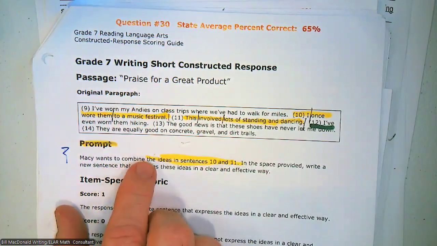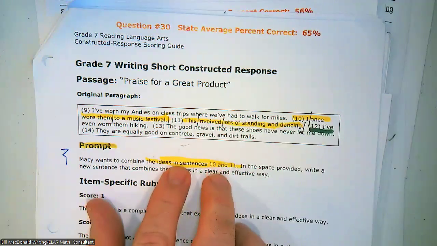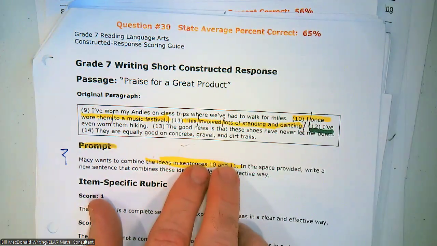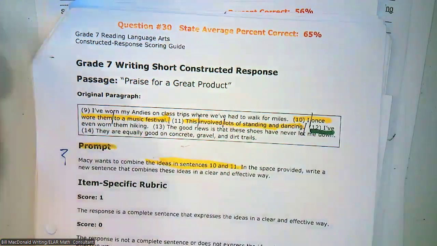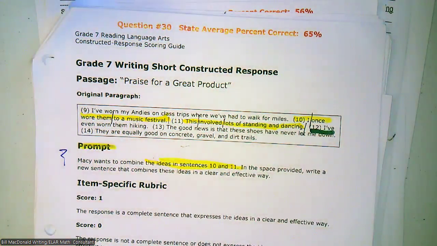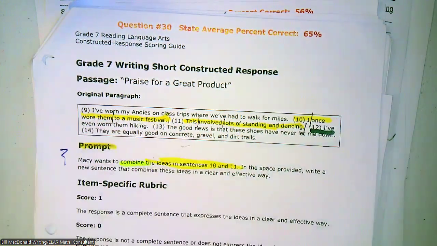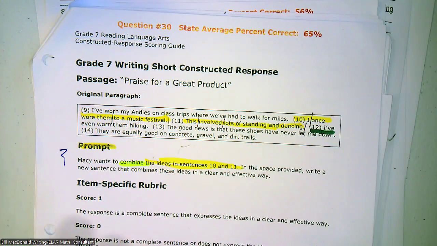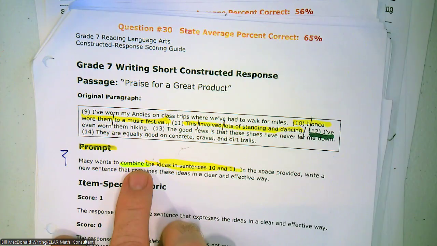Marcy wants to combine, come together, tight now, the ideas in sentences 10 and 11. So I'll highlight 10 and 11. Also, an important detail, combine, so that your students think of that little song in their head that'll pop up.